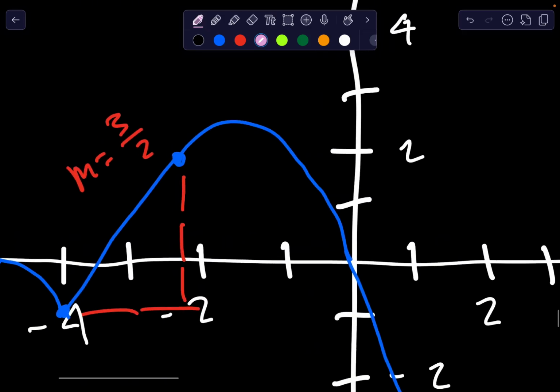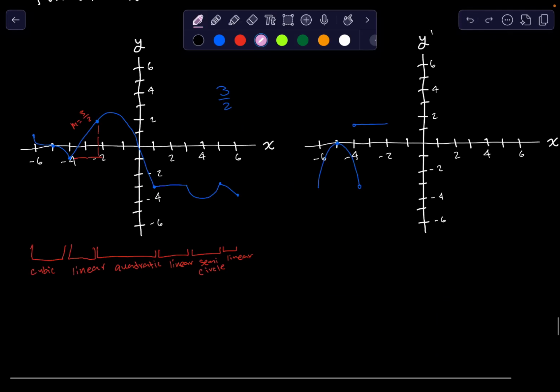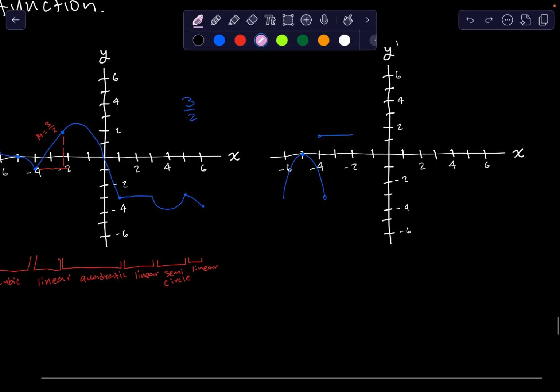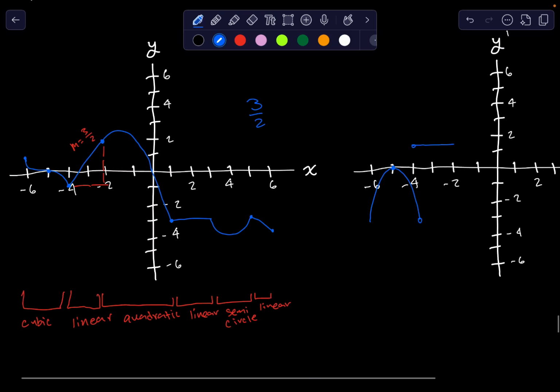At this point, if we think about limits, the slope on the left and the slope on the right agree with each other, meaning we are differentiable at this point. Therefore, on our derivative graph, we won't have to draw a hole at x equals -2, because that point is differentiable. So let's draw that in our graph.